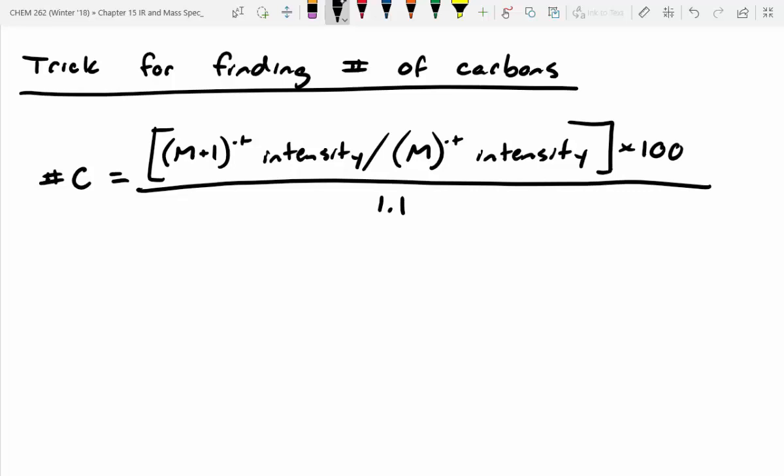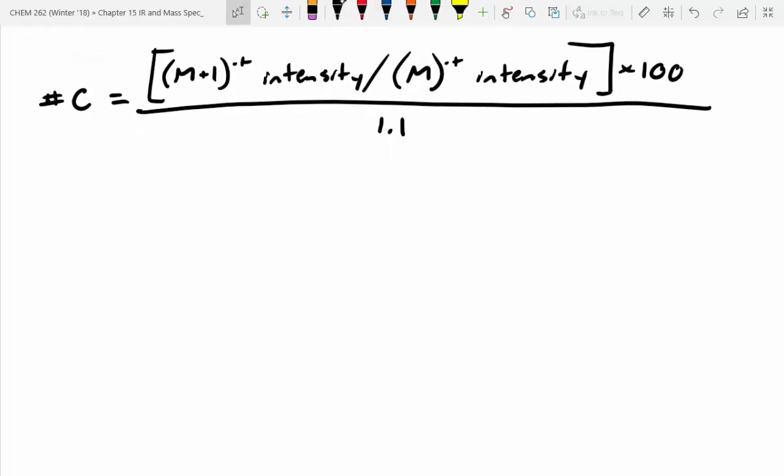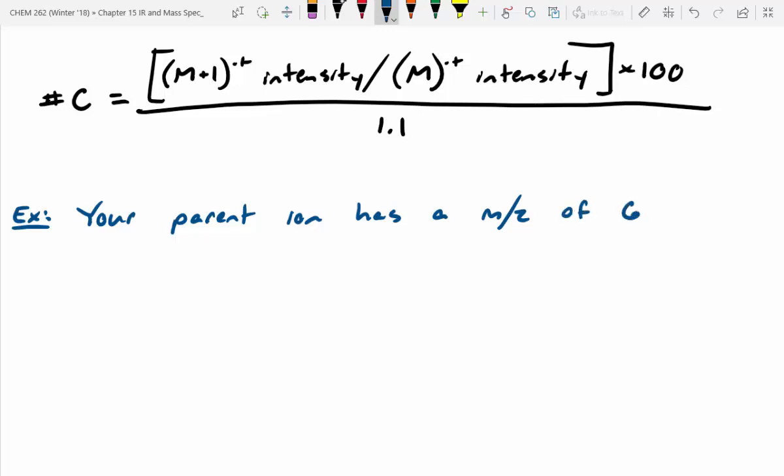All right, so let's take a look at an example problem here. Your parent ion has a mass to charge ratio, so that's also represented as m/z, of 68, and a relative intensity, meaning how tall it is, of 100%.